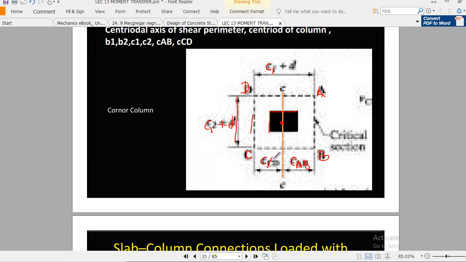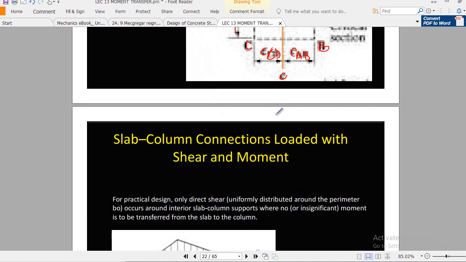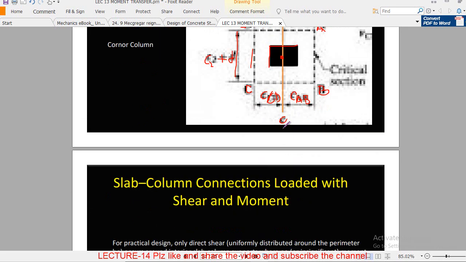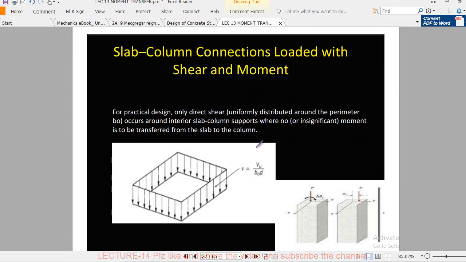So this is your CCD, and the axes are CC. And this is the critical section. So in the interior column case, we don't need to consider Z1, Z2, we just use CAB and CCD, which are the same, and here we don't need to be confused with those kinds of notation. So this understanding of notation is very important, because we will use this in the coming section.